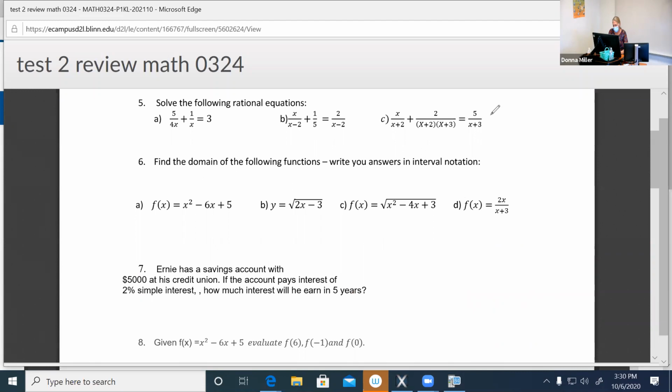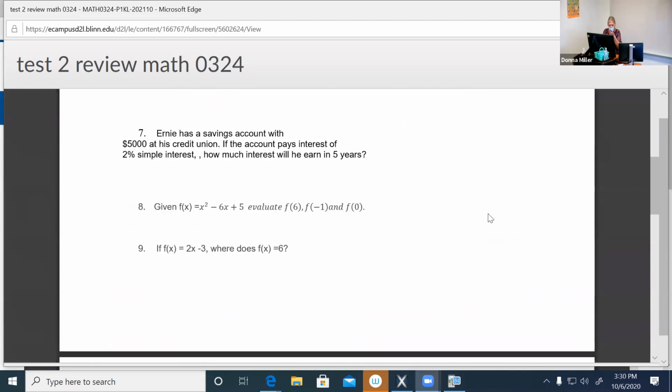All right, let me move up a little bit. So the other things you can expect, function notation, pretty straightforward. Just plug it in, right? So they give you f of x, find f of 6. So that means I'm plugging 6 in for x. With a negative, make sure you put parentheses around the negatives if you're going to plug in your calculator. So let's do f of -1.